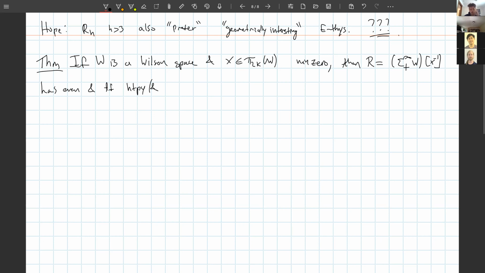Well, I'll put that in parentheses because it's obvious. And so it's complex orientable. Furthermore, it's also Landweber flat.